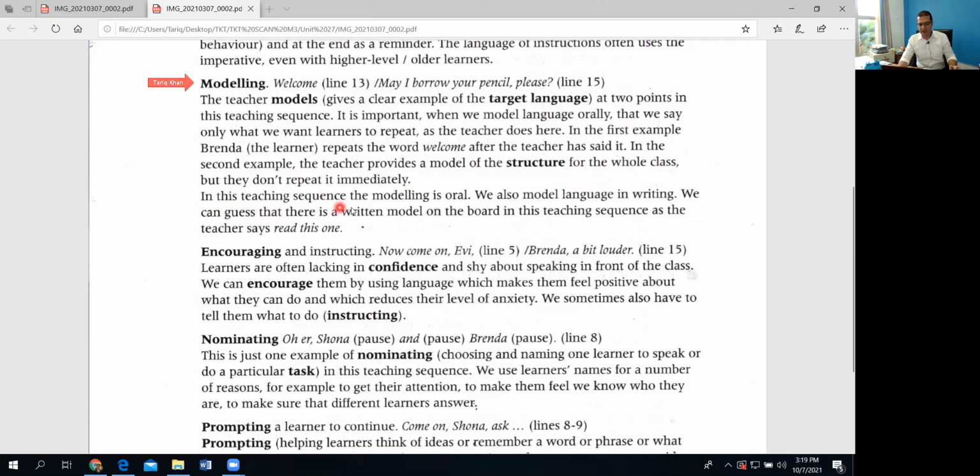In this teaching sequence, the modeling is oral. We also model language in writing. We can guess that there is a written model on the board in this teaching sequence as the teacher says, "Read this one." So modeling is done two ways, orally and written. In the written way, we give a sample.